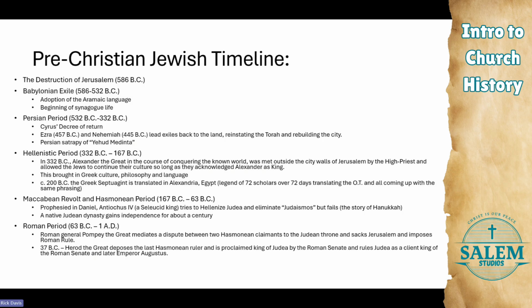He issues his decree of return, and this is where the books of Ezra and Nehemiah come in, in which Ezra the priest and Nehemiah the governor lead the exiles back to the land. But they only lead some of the exiles. There are many Jews who decide to stay in Mesopotamia, and you have a diaspora community that will exist all the way up until modern times, not just in Mesopotamia, but moving around the world.